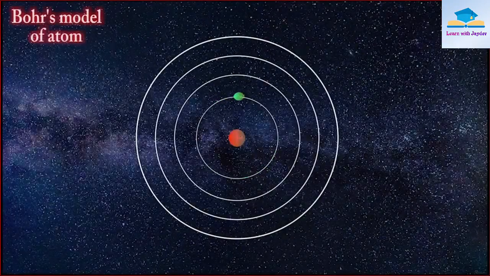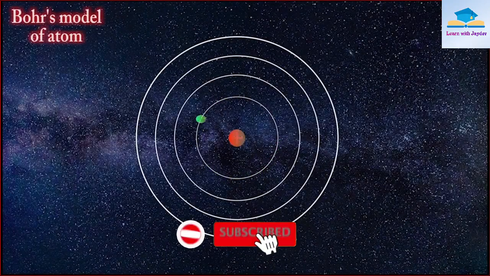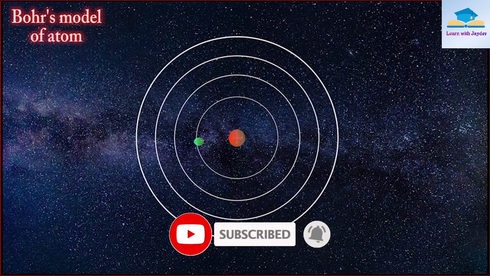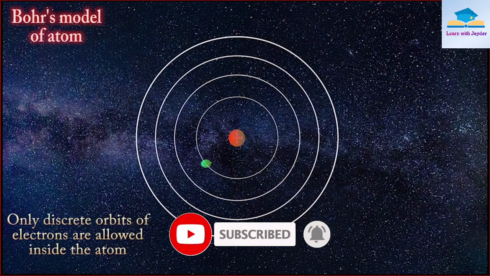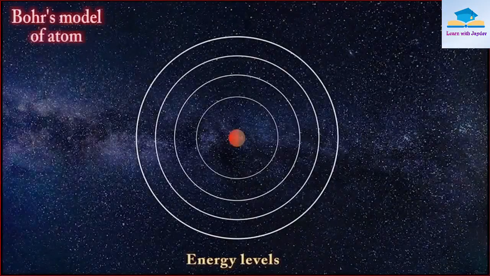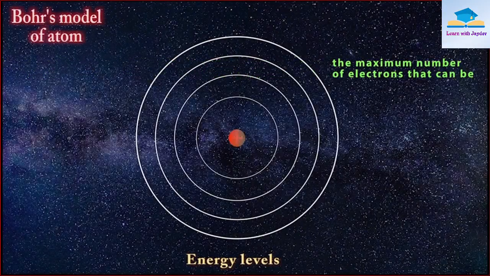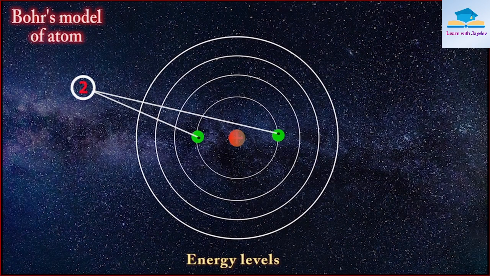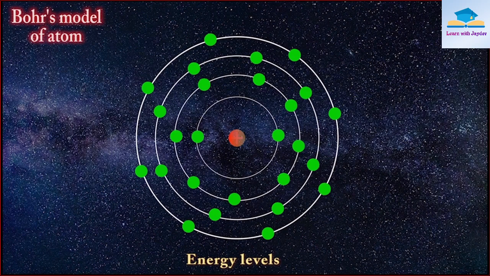We have already learned how the electrons in an atom are arranged in different shells, orbits. Also, the maximum number of electrons that can be accommodated in the first orbit is 2, and thereafter the outermost shell of an atom can accommodate a maximum of 8 electrons.